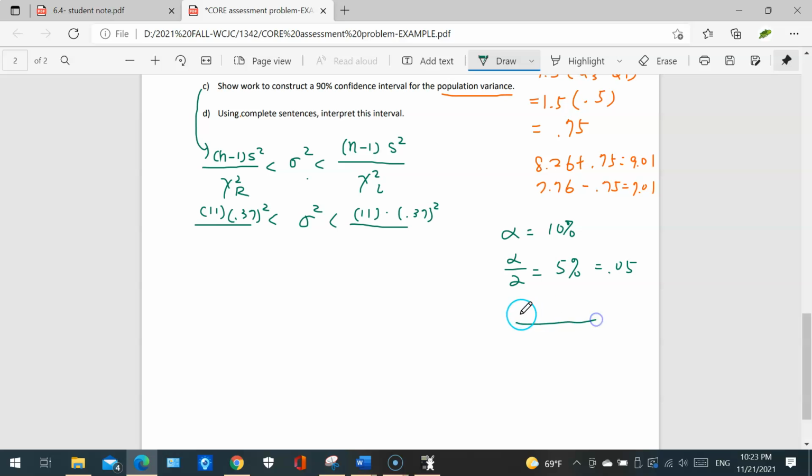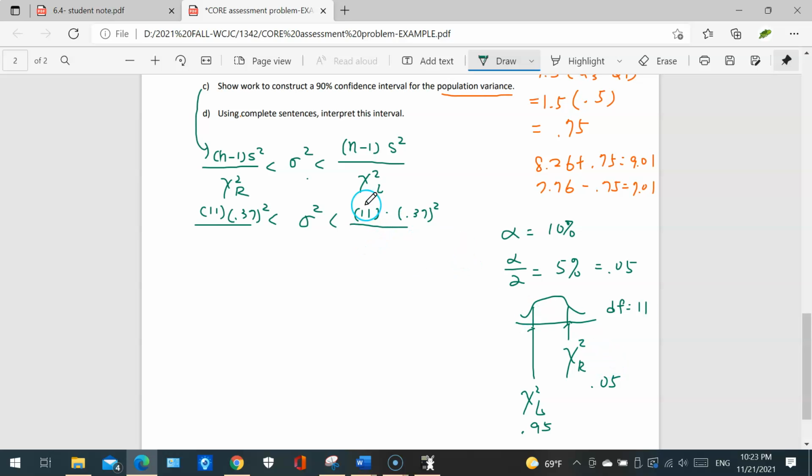If you are looking for the chi-square right-hand side, you need to use 0.05. Look at your chi-square table. For the chi-square left-hand side value, this one you go with 0.05. However, this one you have to use 0.95. And your degrees of freedom, for both of them, are 11.